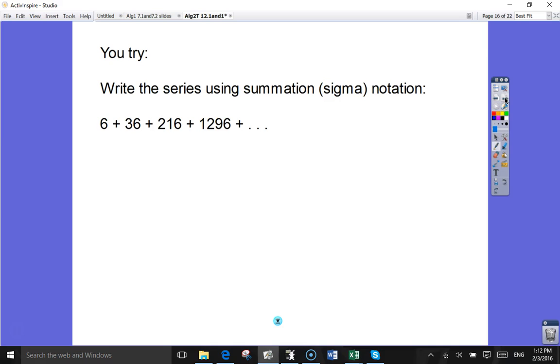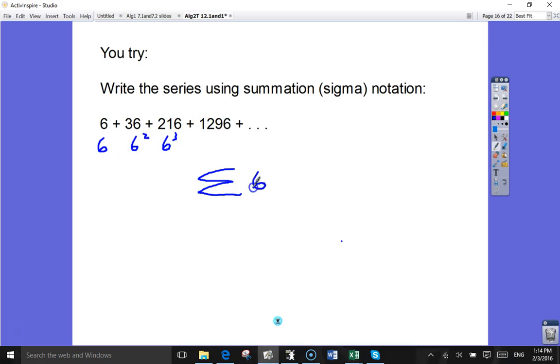So you try this one. Try to come up with the summation notation for that. What's the formula? 6n. I mean, this is 6 squared. This is 6 to the third.